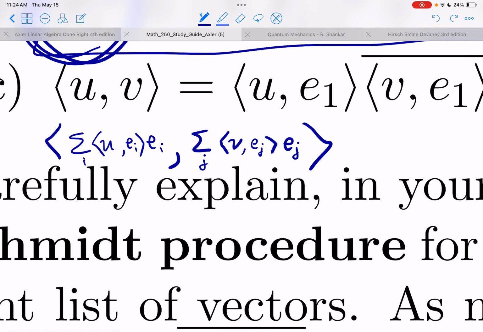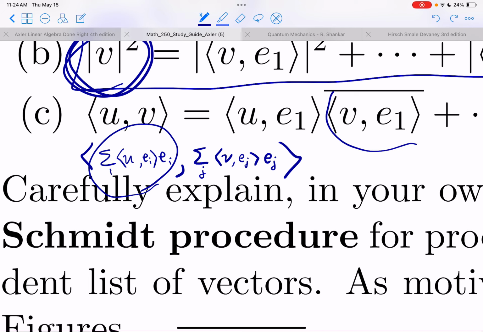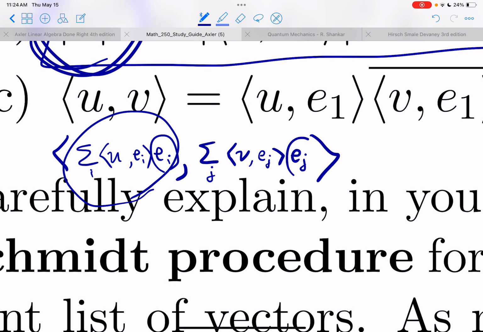And so then, what's happening here is we're linear in this slot, we're additive and conjugate linear in the second slot. And so that's why you get these bars coming out here and no bar right there. And all the cross terms, E1, E2 is 0, E1, E3 is 0.